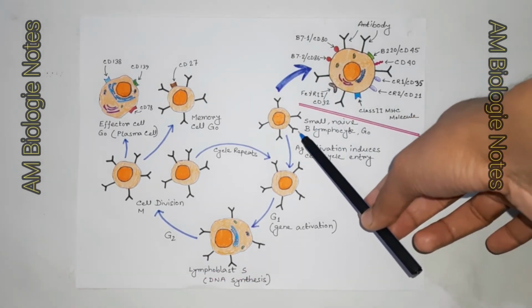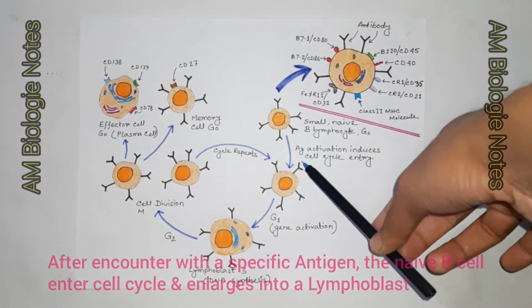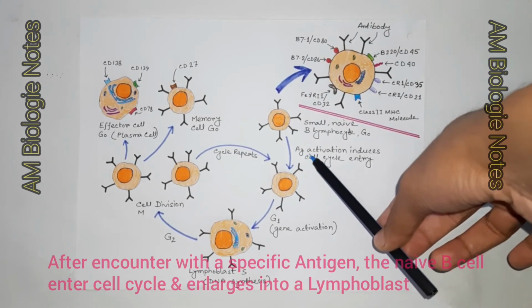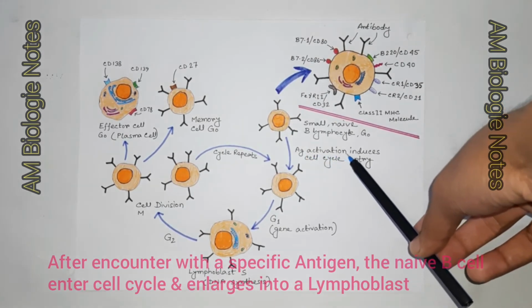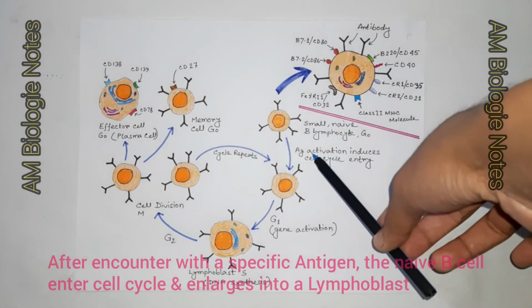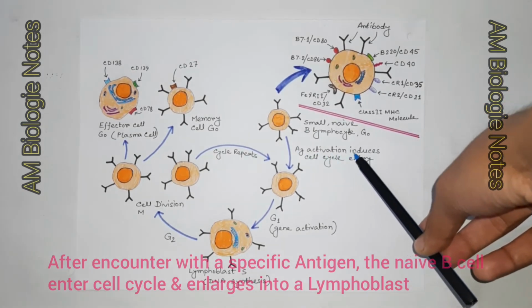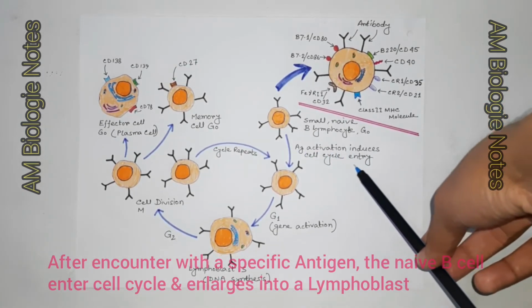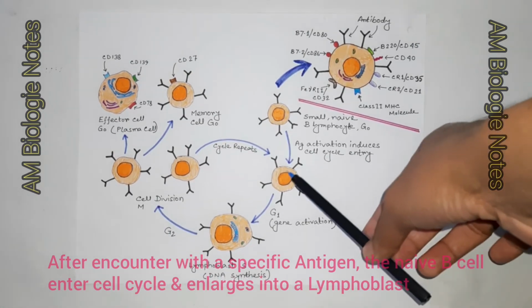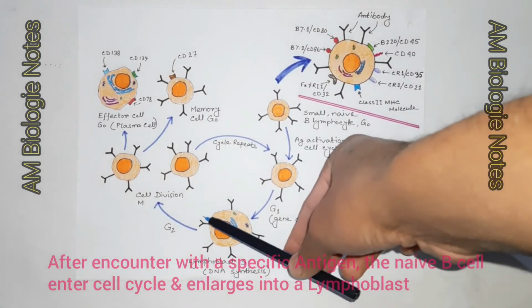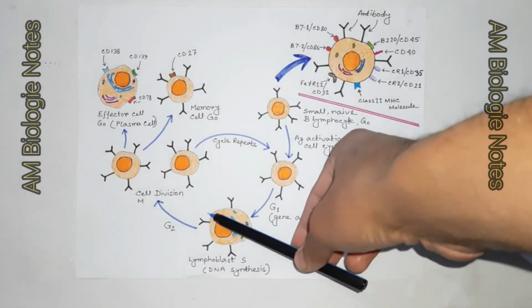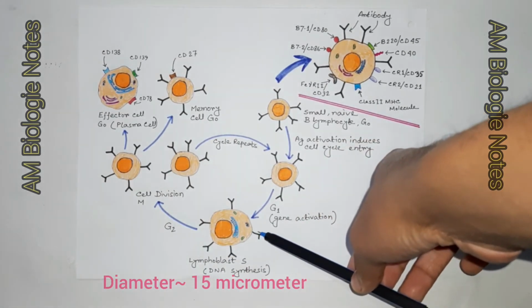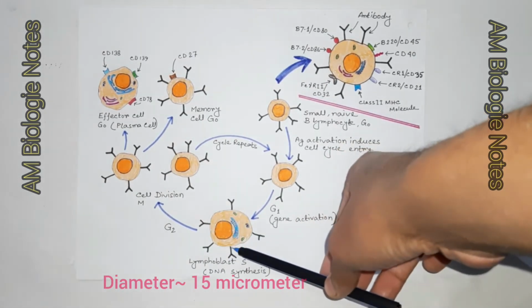Now, when a naive B cell first encounters the antigen that matches its membrane bound antibody, the B cell enters the cell cycle and enlarges into a lymphoblast. The diameter of lymphoblasts is about 15 micrometer.